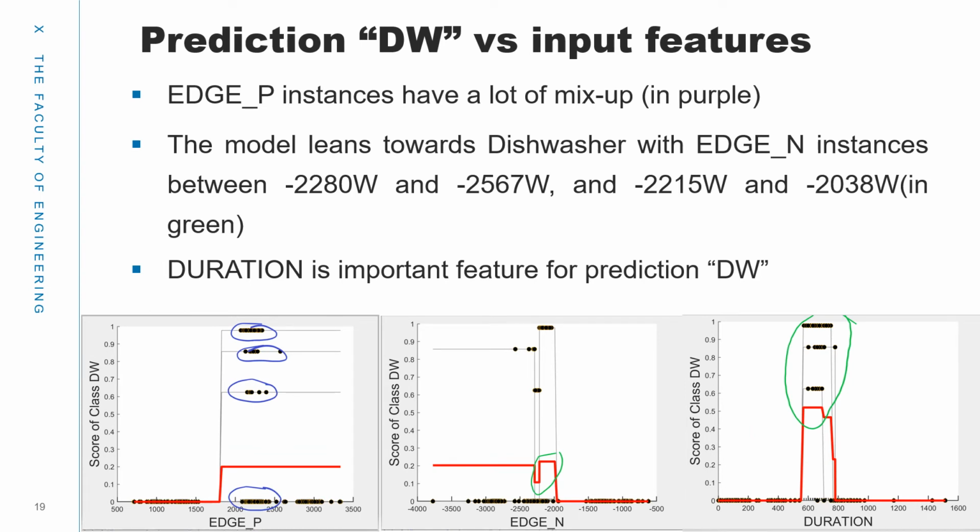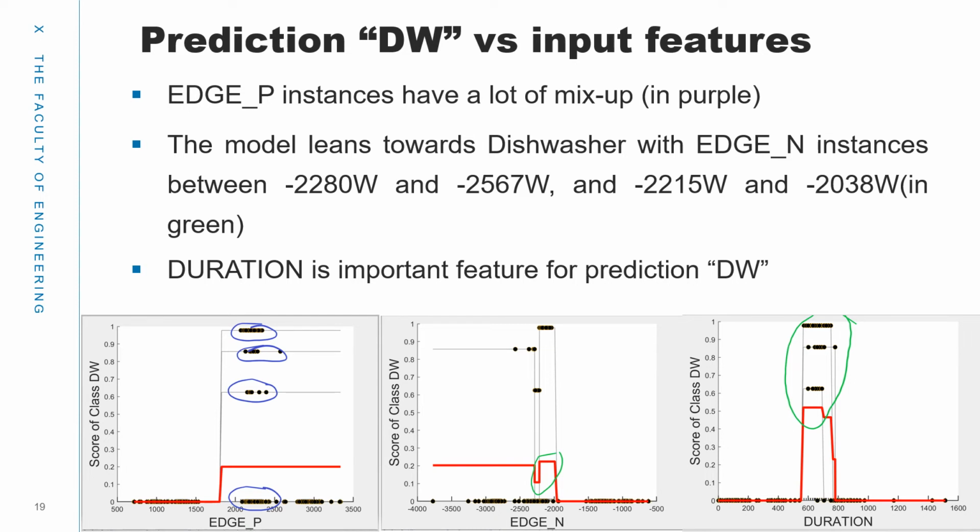As previously mentioned, washing machine and dishwasher have similar power signatures as well, and hence are easily confused with each other, as observed in the ICE plots. With HP, a lot of mixed up instances are highlighted in purple.